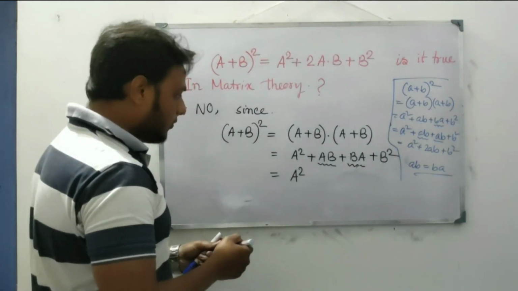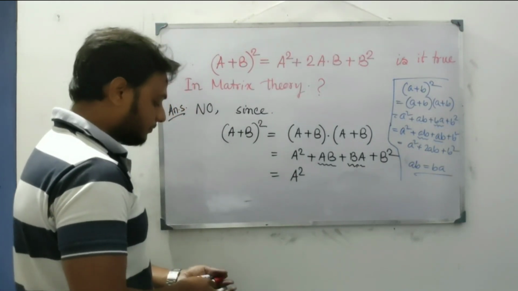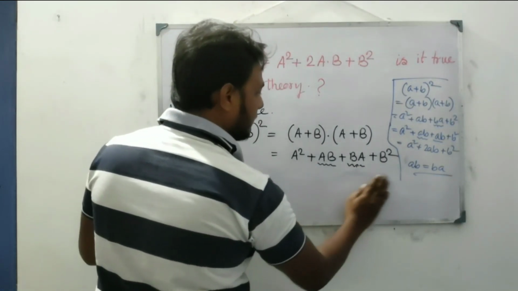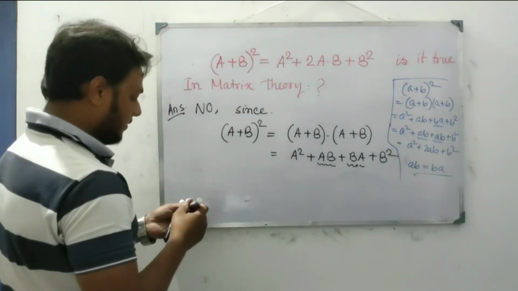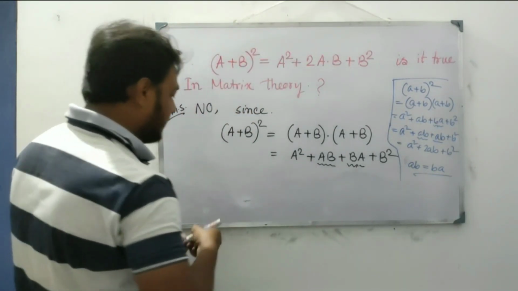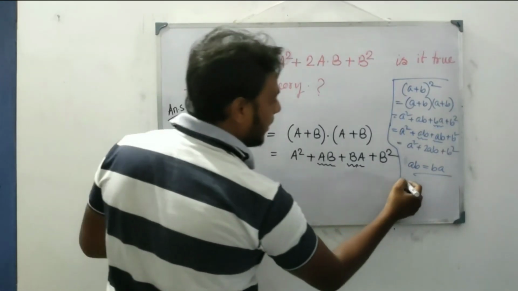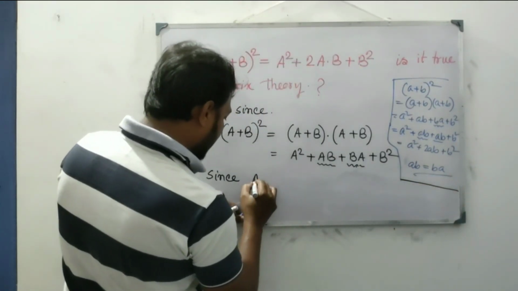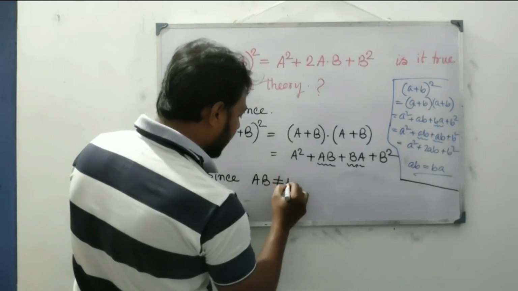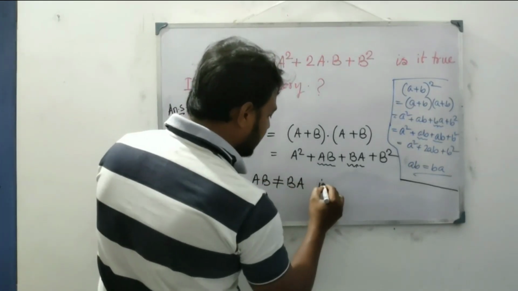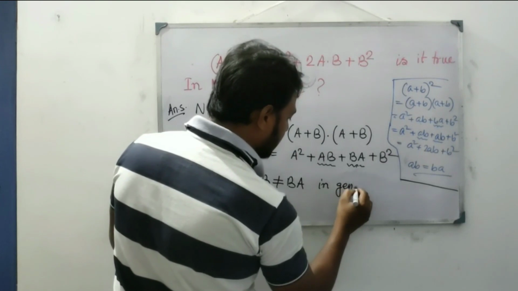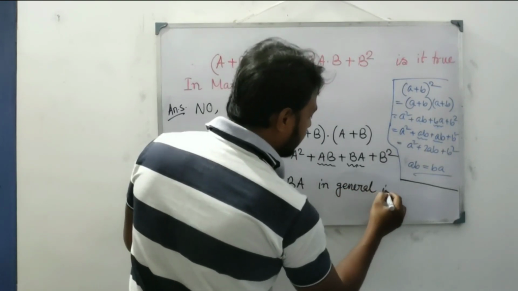Understood? So we have to write, since, this is the main solution. Okay? Since, this is the rough part, AB not equals to BA in general in matrix theory.